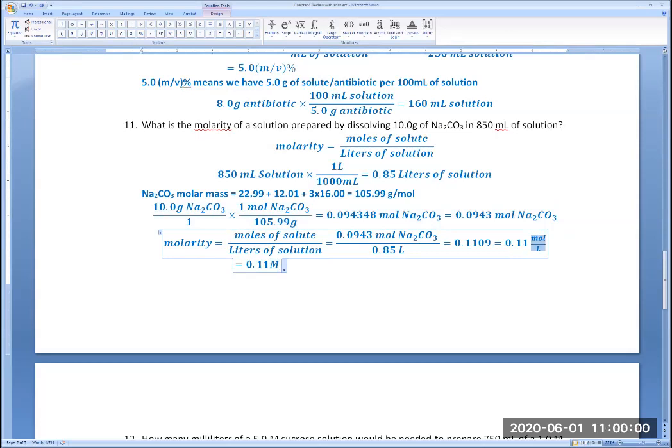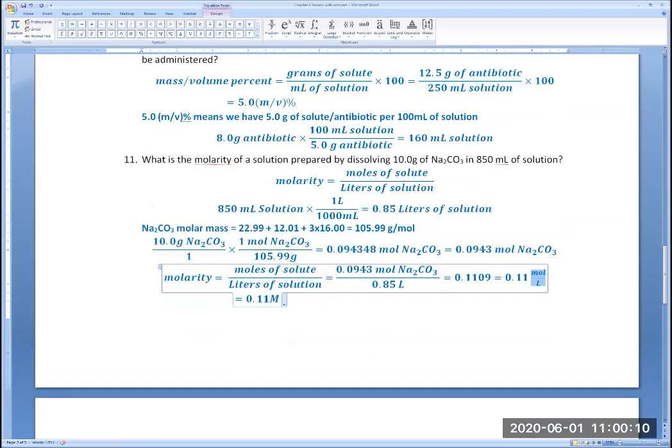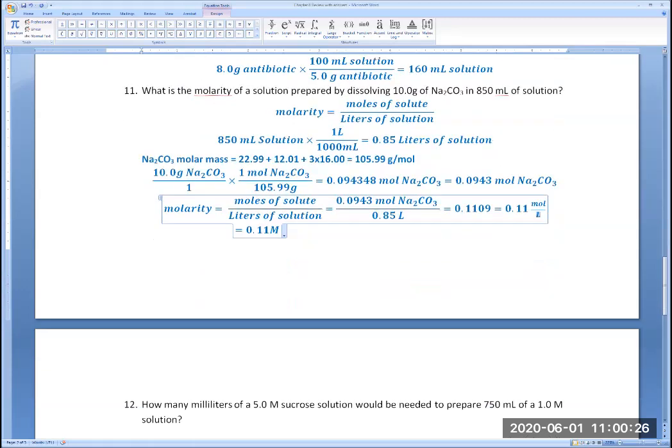It's important because, again, if you have a calculation to do like above, where you need to use the concentration as a conversion factor, then you want to see that its meaning is that it's 0.11 moles of solute per liter of solution. That's how you should read this. Okay, so that's the molarity.